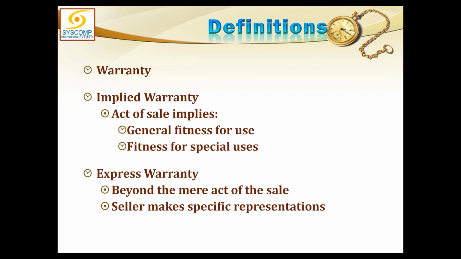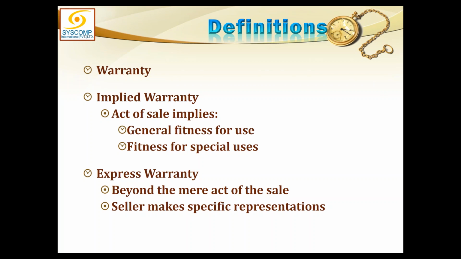and express warranties. Implied warranties are those which the act of sale itself implies, that you are buying something, and that something is supposed to provide some kind of usage. Like I buy a glass, it is supposed to be a container to retain liquids.